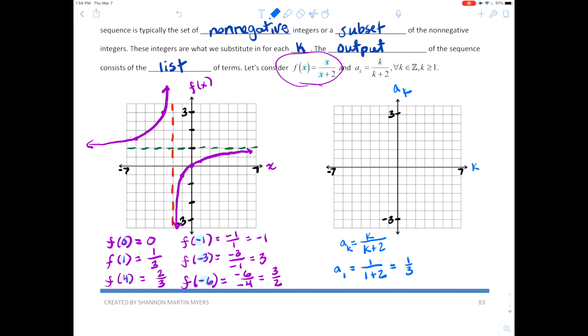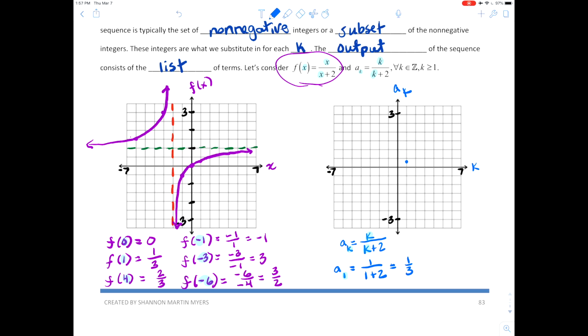Good? So inputting for k, we get the output of 1/3. So 1, and then 1/3 is about here.